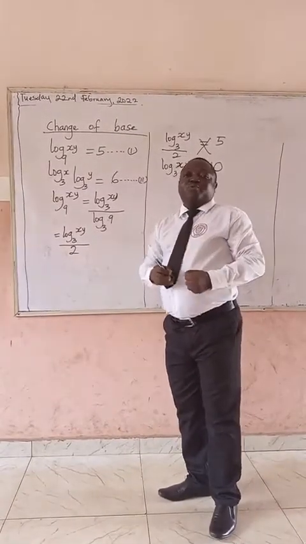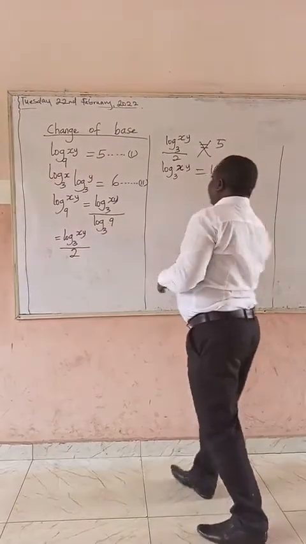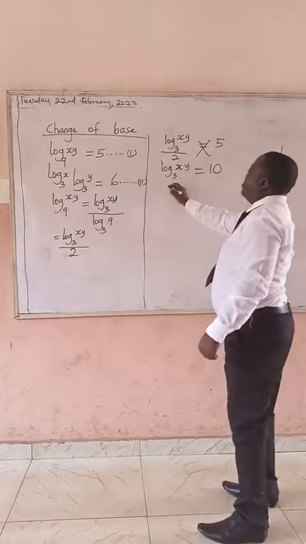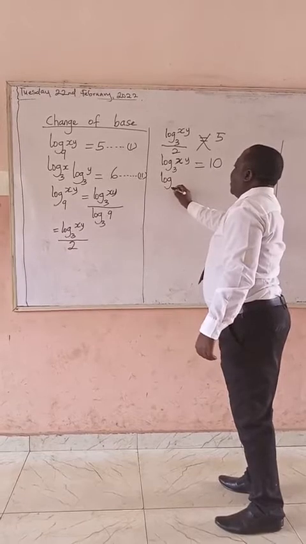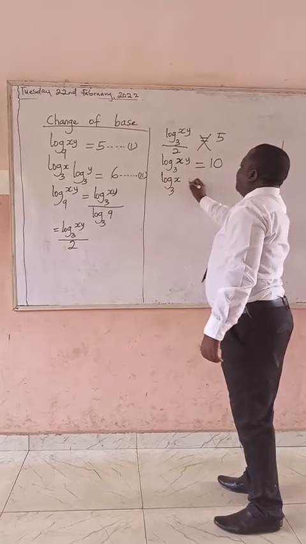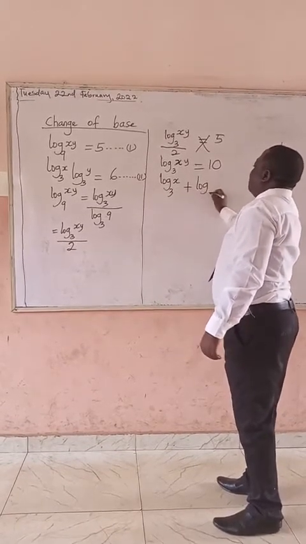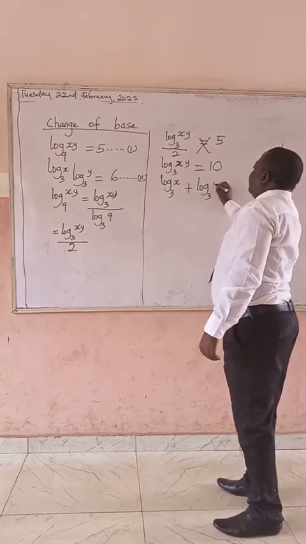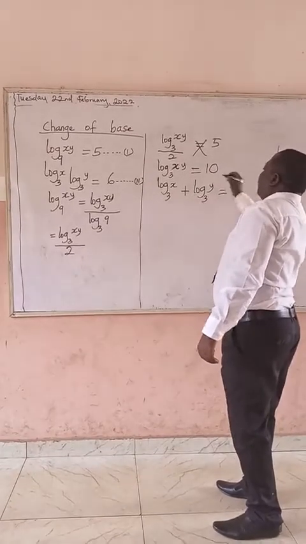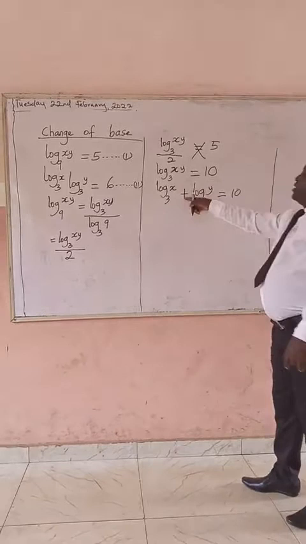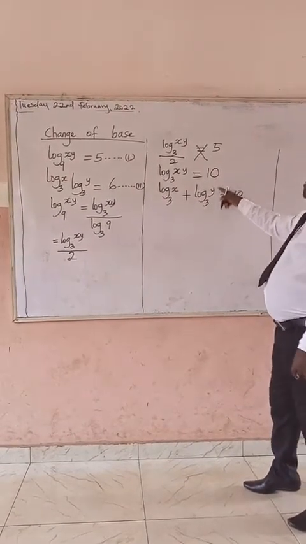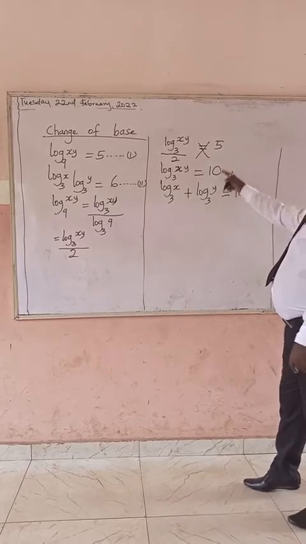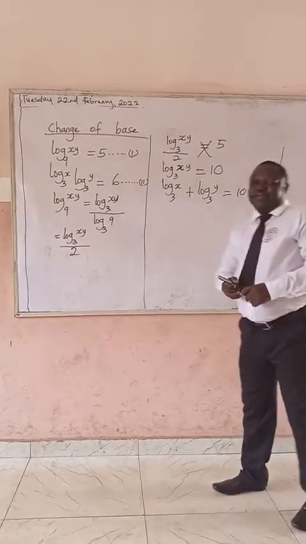Now, according to the first law of logarithm, logarithm of xy in base 3 is the same thing as logarithm of x in base 3 plus logarithm of y in base 3. So logarithm of x in base 3 plus logarithm of y in base 3 is equal to 10.